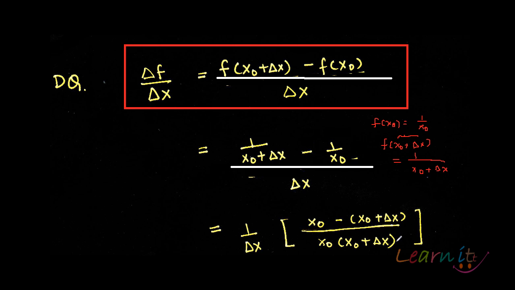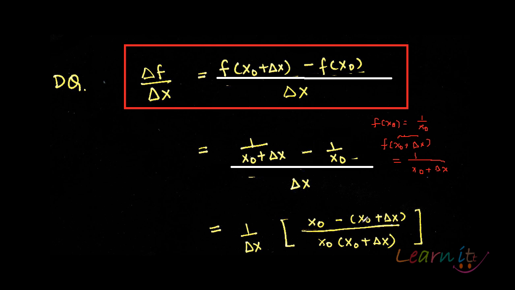So the denominator becomes x naught into x naught plus change in x. Over it, I get x naught minus, and where the denominator was x naught, I get x naught plus change in x.